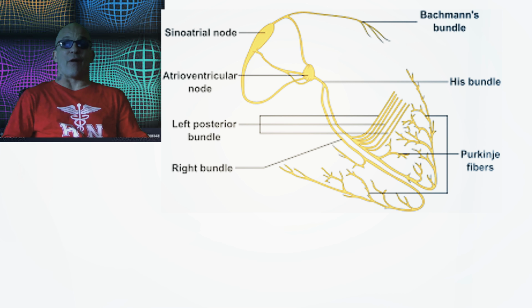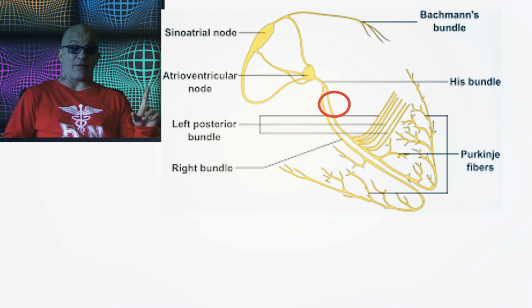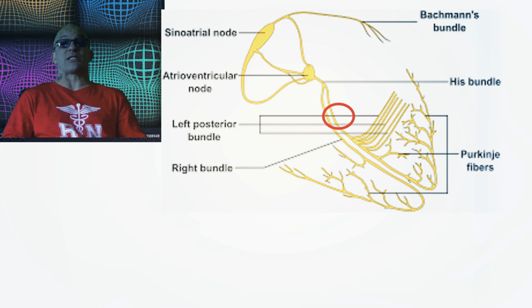As we continue to follow the impulse, we see that it then travels down to the bundle of His. The bundle of His divides into the left and right bundle branches, one for each ventricular wall. The bundle branches further divide into Purkinje fibers, which are located within the muscle tissue of each ventricle.